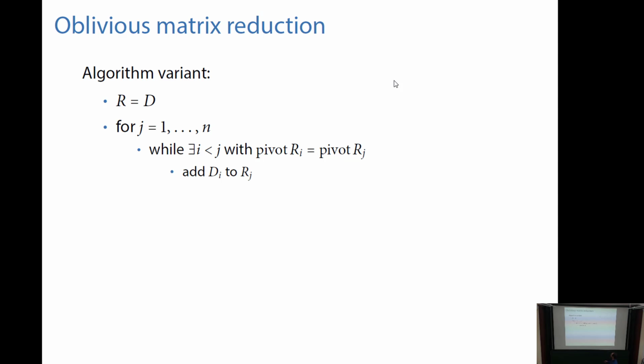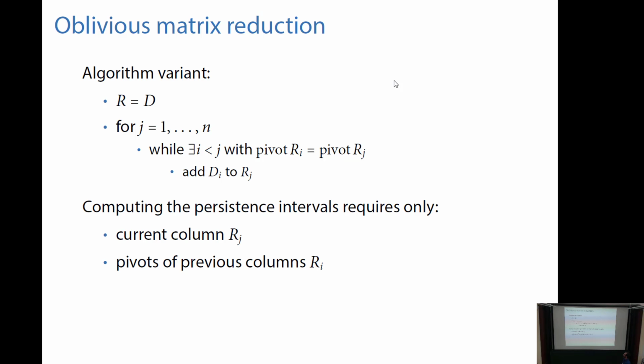It takes a bit to prove that this actually works, but in the end, it recovers all the computations that have been performed before to get this column Ri that I replaced here by a different column. So the point is, here's an algorithm that computes the persistence intervals using only a single column of the matrix, and I don't need the entire previous columns, I just need one number for each previous column, which is the pivot of the previous column.